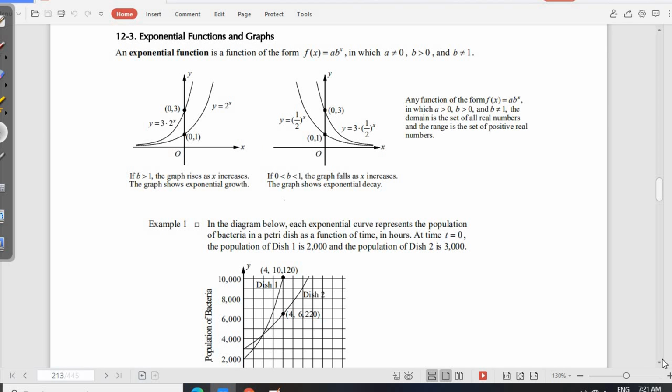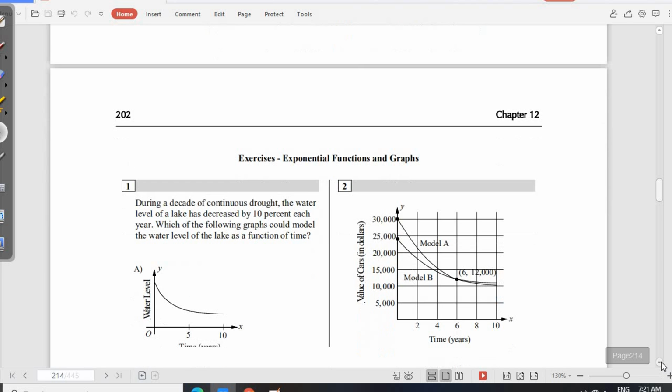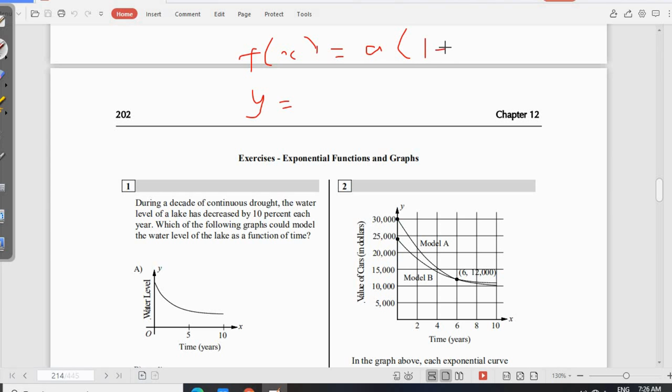But when we're looking at exponential growth, then we'll be using the formula y, which is actually f of x, is equal to a times (1 plus r) raised to power x, where r is the growth rate, x is the number of time intervals, like t, while a is the initial amount.